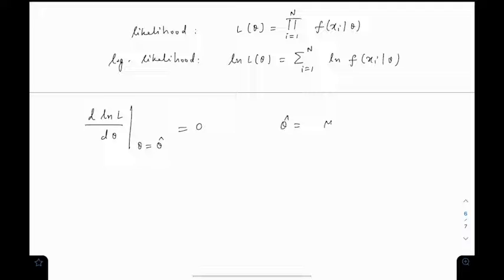Since only the derivative of the likelihood function is of importance, factors in the likelihood or summands in the log likelihood which are independent of theta can be omitted. The estimate theta hat is a function of the sample values, and because of this, it is a statistic.